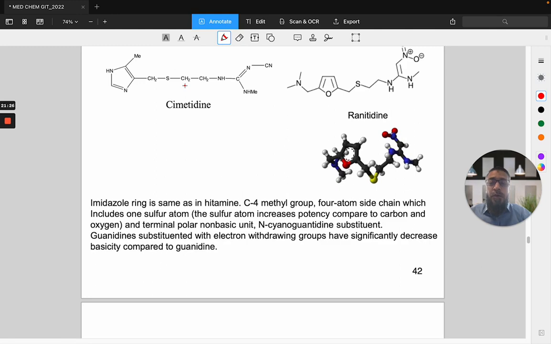The sulfur atom increases the potency compared to carbon and oxygen, with a terminal polar basic group in the case of the N-cyanoguanidine group. The guanidine substitution with an electron withdrawing group has significantly decreased the basicity compared to the guanidine group.